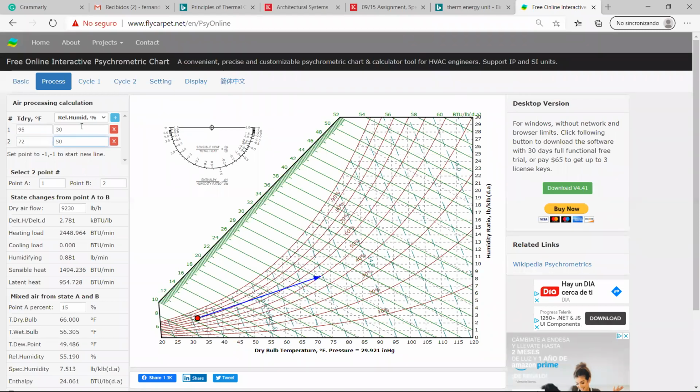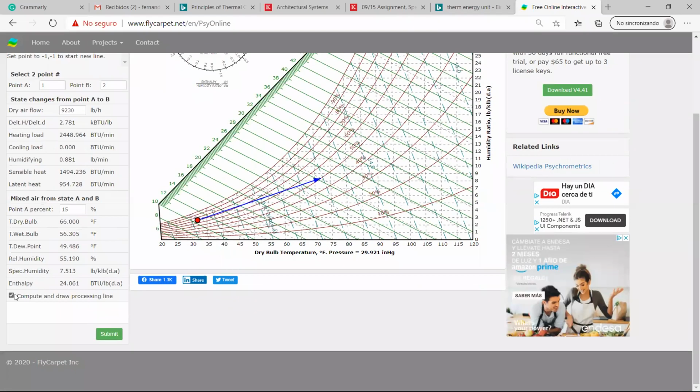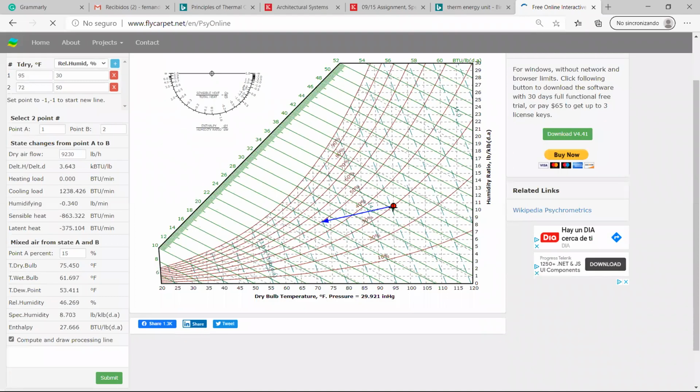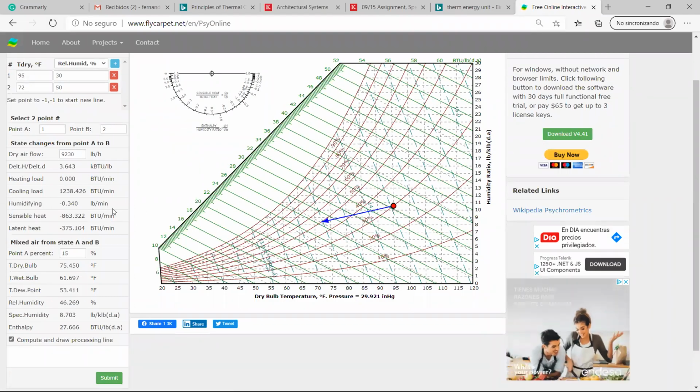and 50. What about the dry air flow? It's the same. So we don't change the dry air flow because it's the same. We compute, submit. Okay, so we go from this point now to that point. And look at this, we don't have a heating load, it's 0. We have a cooling load.